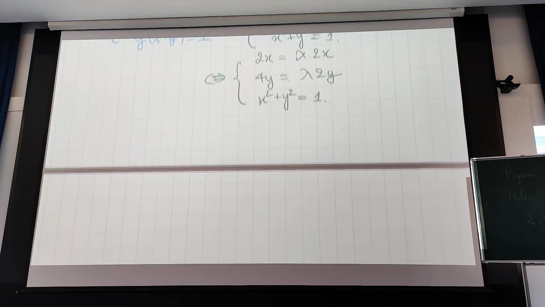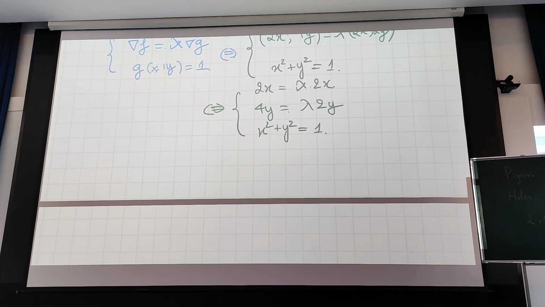Now we are going to simplify this system of equations. So we have x equal to lambda times x, 2y equal to lambda times y, and x squared plus y squared equal to 1. We need to solve this system to find all the values of x, y, and lambda.